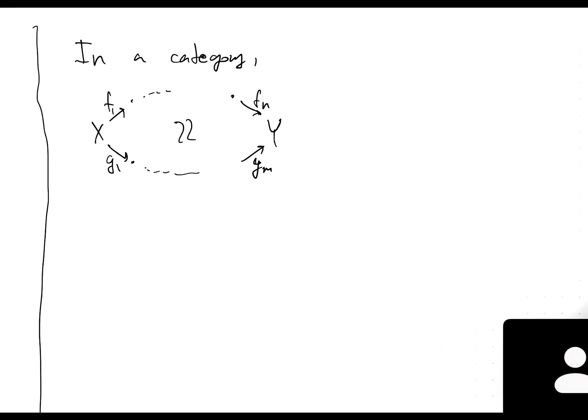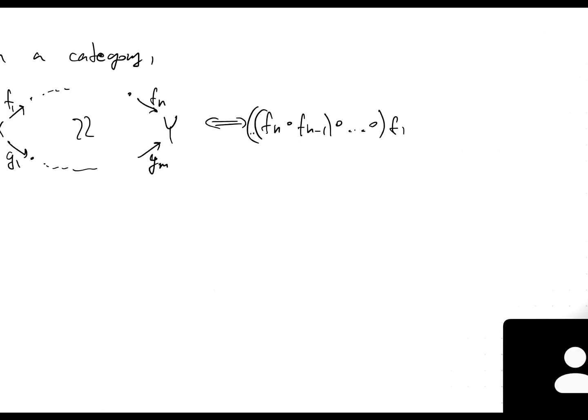So we will consider them to be equivalent when composing these morphisms in each path. So there are many brackets here. Gives the same morphism.